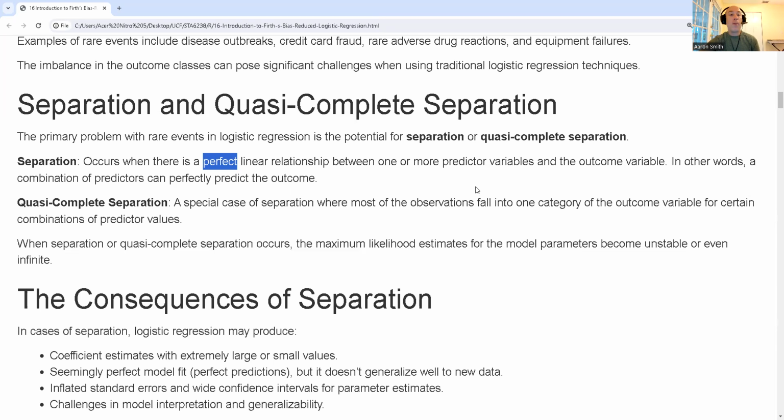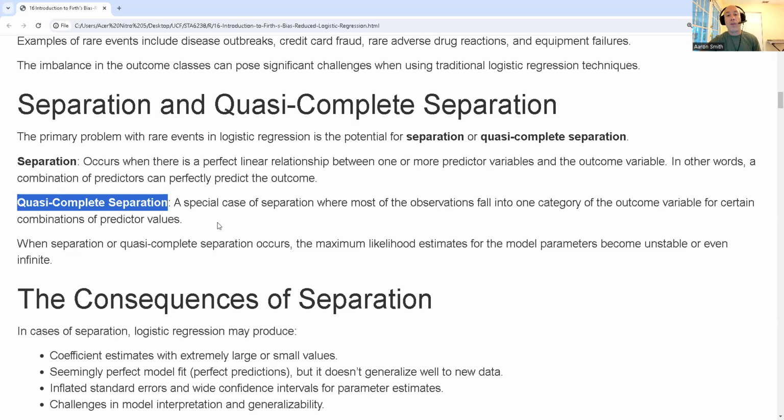In other words, a combination of predictor variables can perfectly predict the outcome. And that sounds great, that sounds like what we would want. And really that is the problem: our model is going to go off the rails because of the numerics of the computations. Now, there's quasi-complete separation.